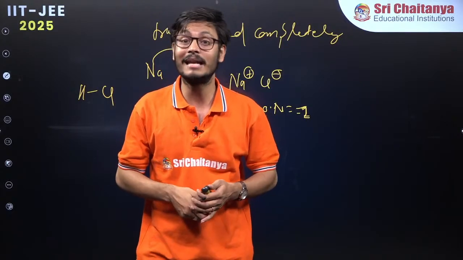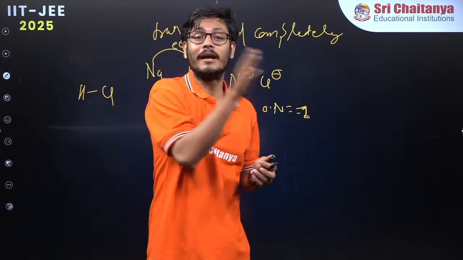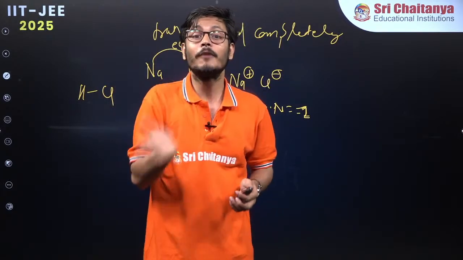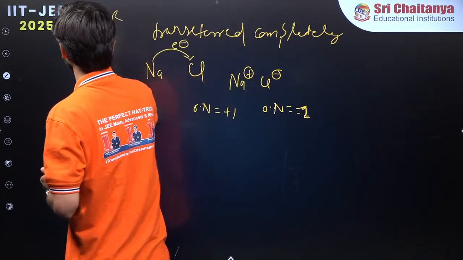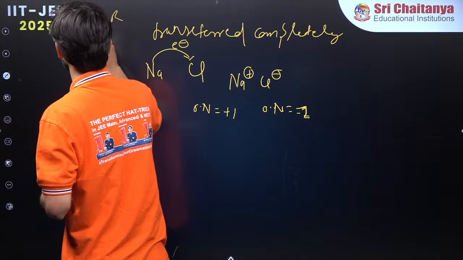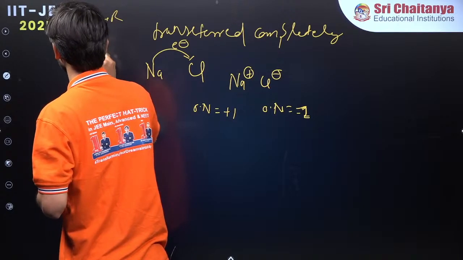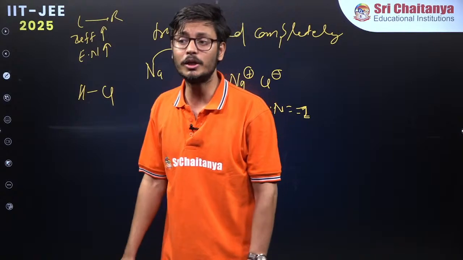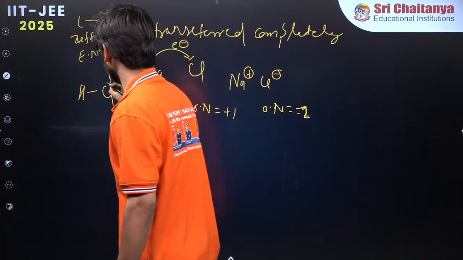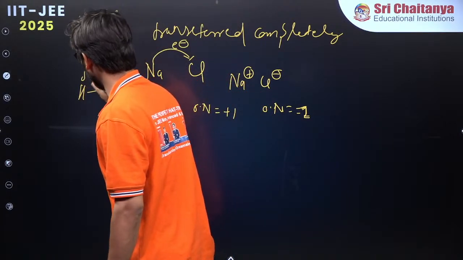We have studied in the last class that as we move left to right in the periodic table, effective nuclear charge increases, and therefore electronegativity increases. Because electronegativity increases, chlorine will become partial minus and hydrogen will become partial plus.